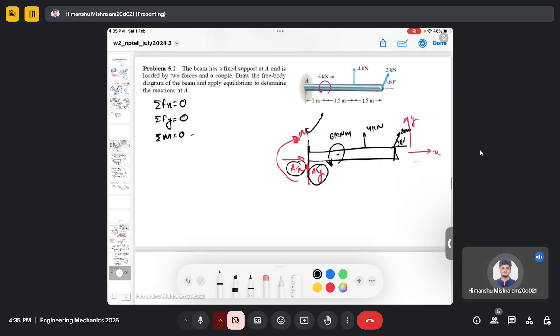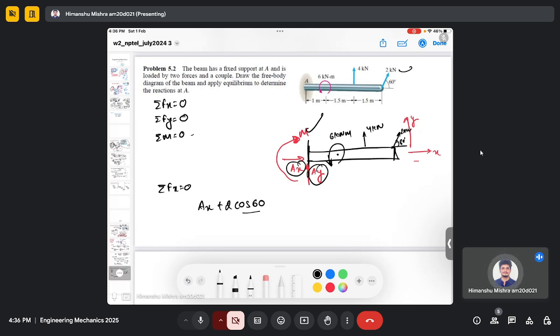So let's use the first equation where the summation of force in the horizontal direction is 0. For that, the horizontal forces are Ax, and then the component of this force, which is 2 cos 60.